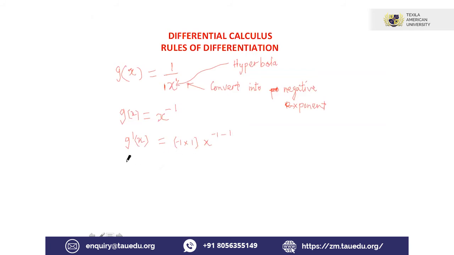So now your calculator will tell you that g prime of x will give you -1, because -1 times 1 is -1. Then if you subtract 1 from -1, it will give you -2. Or if you say -1 minus 1, it will give you -2. So obviously your g prime of x will give you -1x to the power of -2.